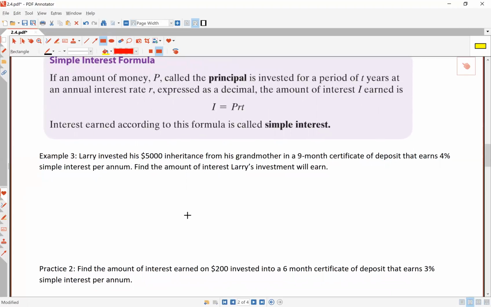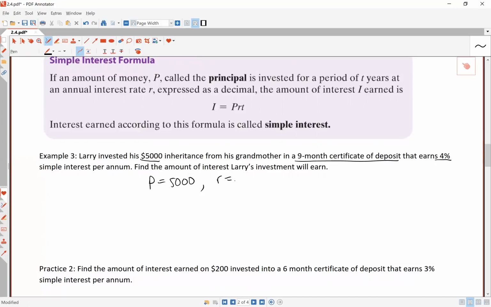So if you invest $5,000 in a 9-month certificate of deposit and you earn 4% simple interest per annum, find the amount of interest Larry's investment will earn. So our principal is $5,000.